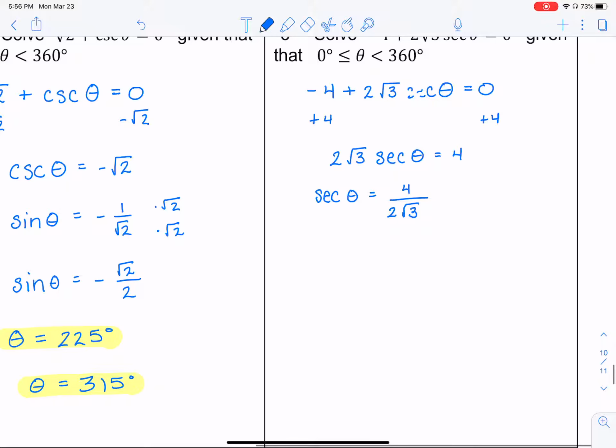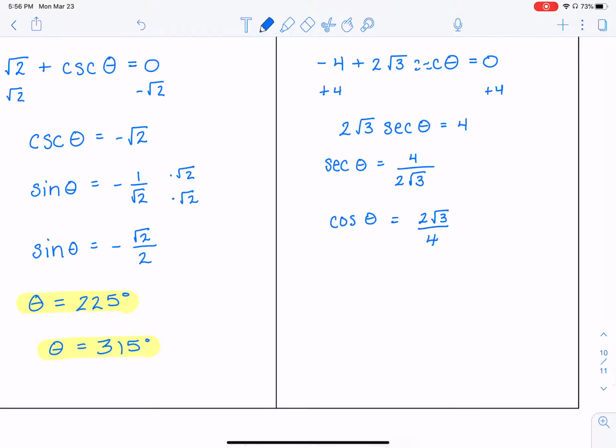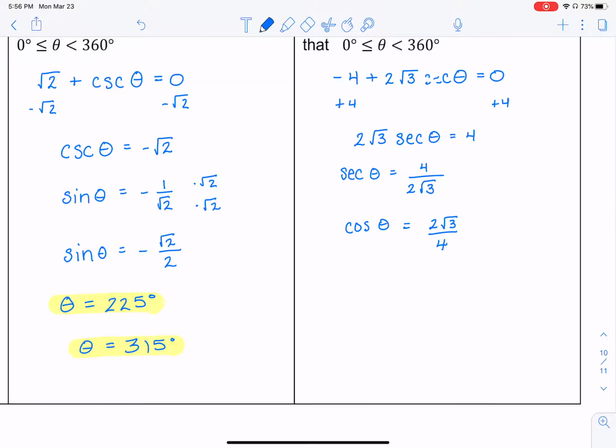Before I rationalize that denominator, I'm working with secant of theta, so that is a reciprocal function. Let's flip that and make it the proper function, which is cosine of theta. So I'll flip my fraction. And in the final step here, I need to reduce that fraction. The 2 and the 4 can reduce, and that would be √3/2.